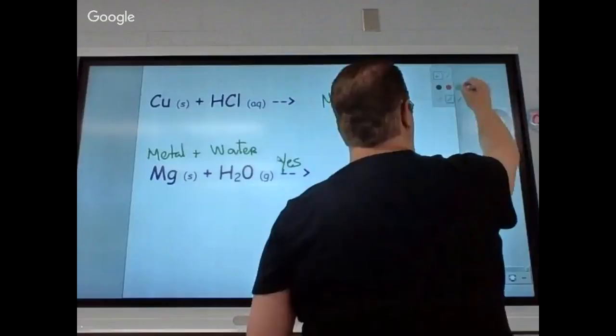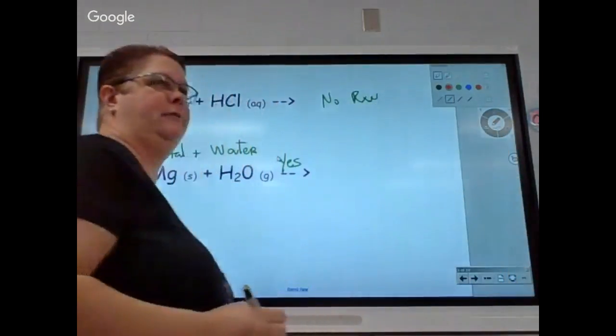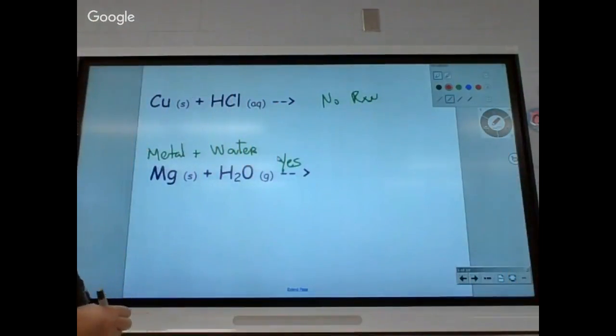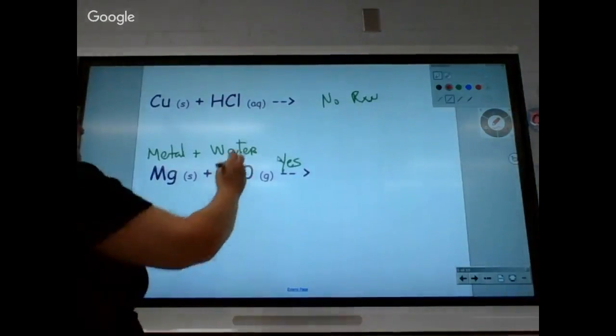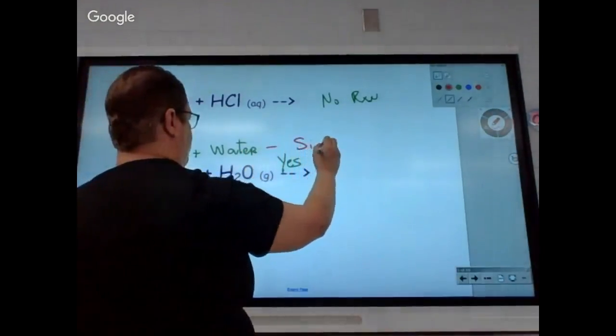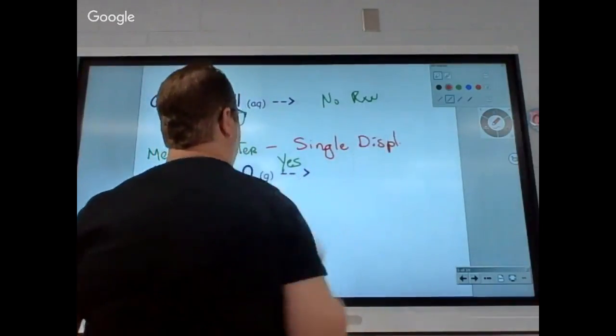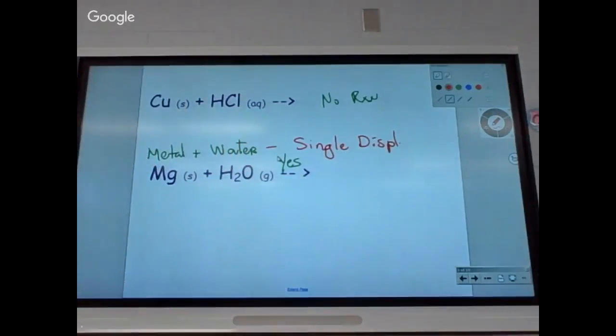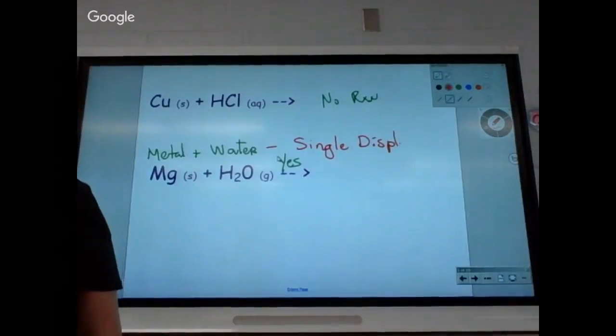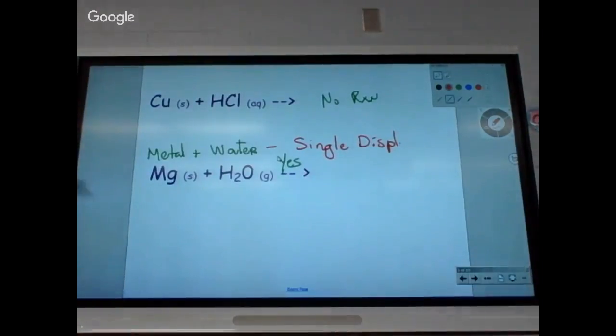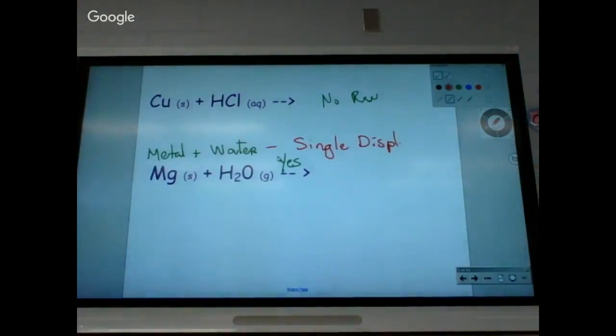Now, the reason I jumped over this, what kind of reaction is this? It's single displacement. And the way I've taught you to single displace, you're going to get the wrong answer. Find your single displacement on the blue chart.